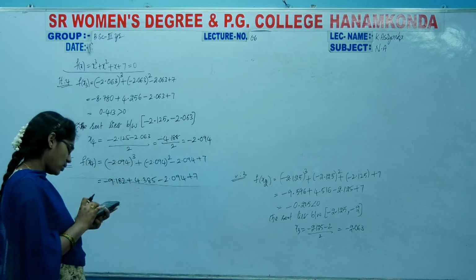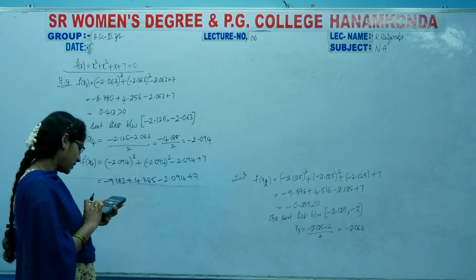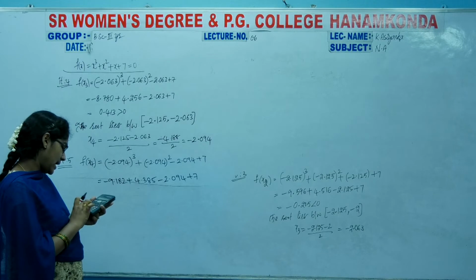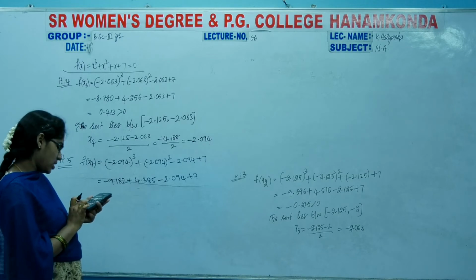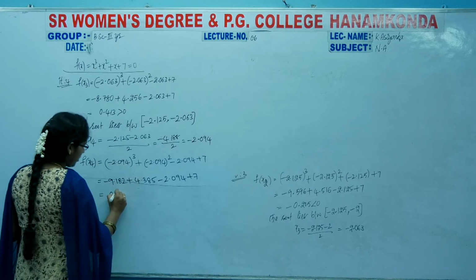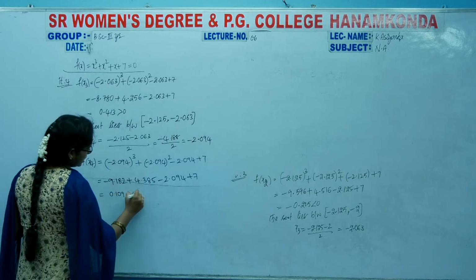Now we add all this: minus 9.182 plus 4.385 minus 2.094 plus 7. It is nothing but 0.109, which is greater than 0.